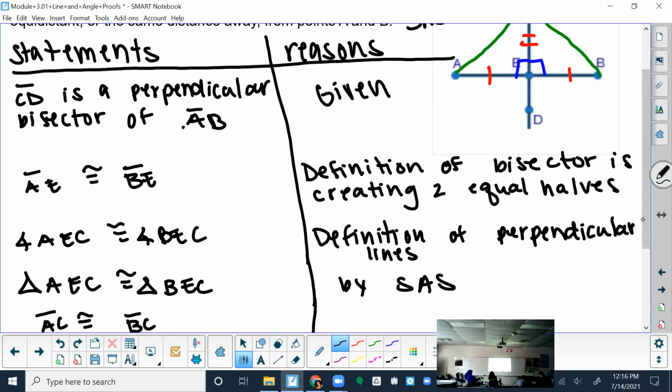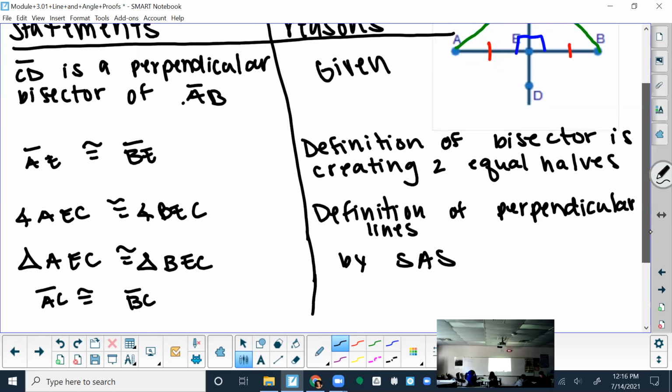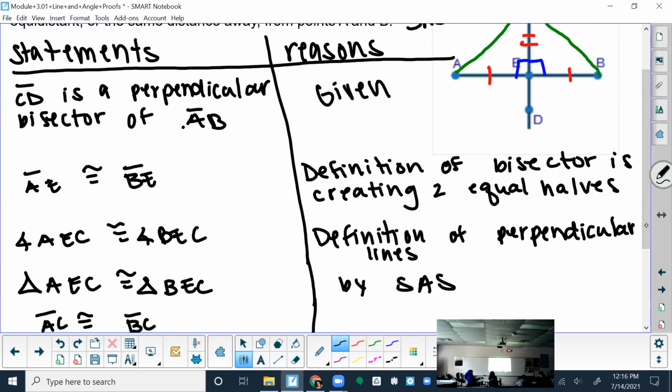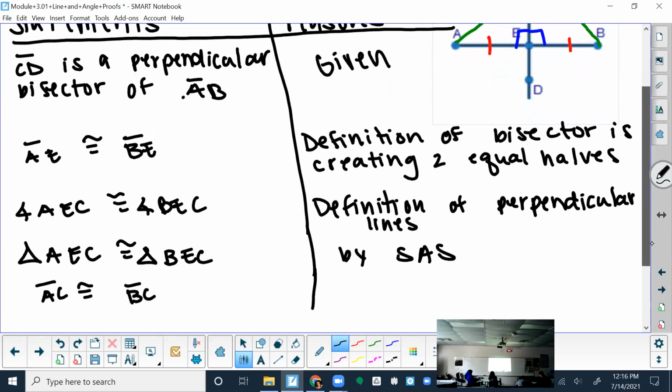All right, anyone happen to know the reason why we can say that those two sides are the same? Since we already established that the two triangles are congruent in the previous step, we can say that the corresponding sides are congruent.